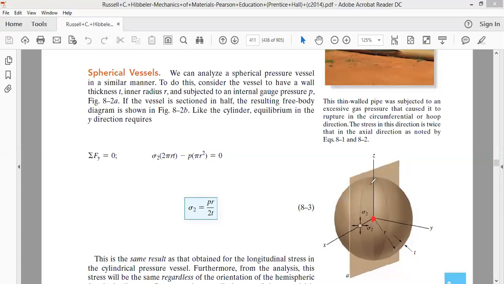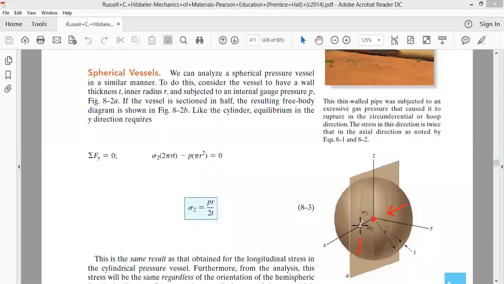Now the question is, let's again select a small element, as we did in case of a cylindrical pressure vessel. Now look at this element, what type of forces will this element be subjected to? If you select an element on the surface of this spherical pressure vessel, and you fill this sphere with air, then this element will undergo deformation.